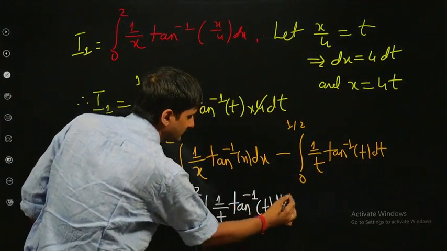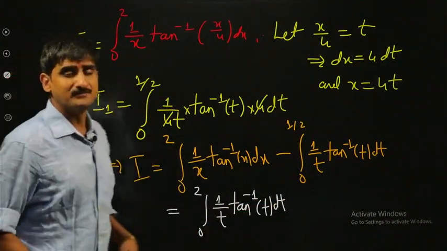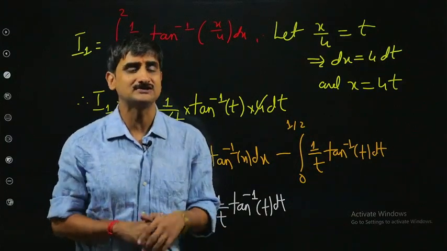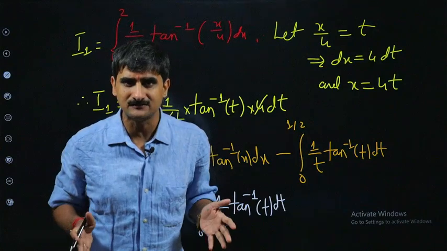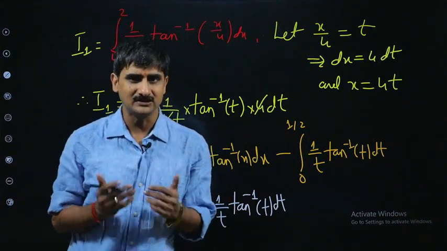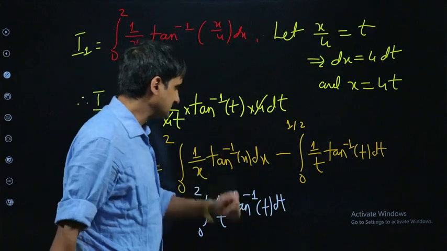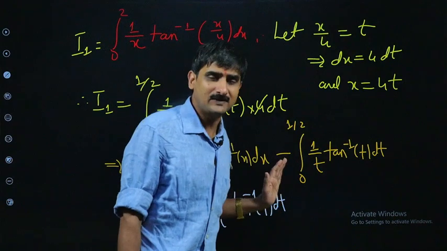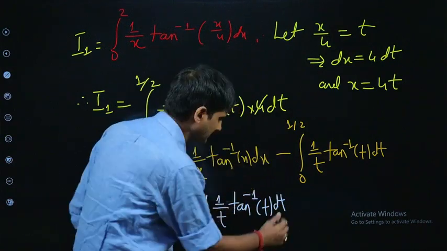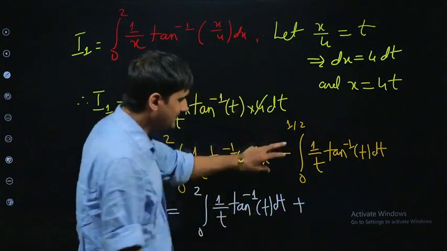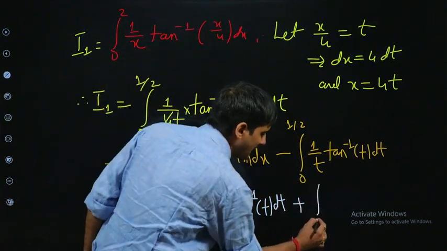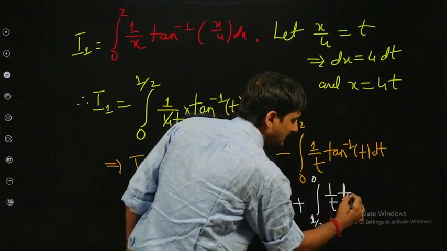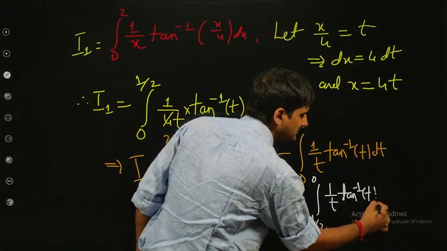Now I can write the first integral as 0 to 2, 1 by t tan inverse of t dt. I don't think anyone will object to it, because by retaining the limits of the integral and the same function, a change in variable won't make any difference in the answer of a definite integral. Now the negative sign I can manage by writing plus and interchanging the limits, so half to 0 of 1 by t tan inverse of t dt.